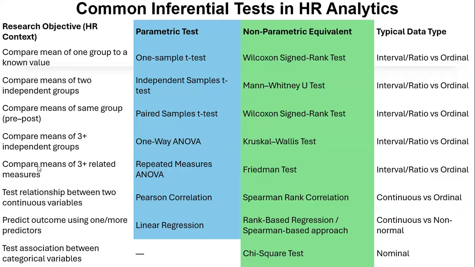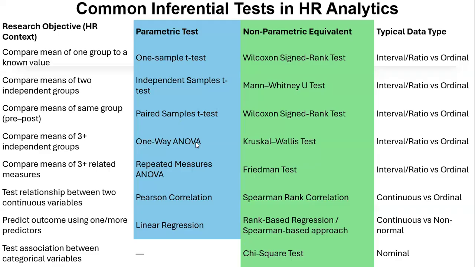Anytime you are dealing with more than 2 independent groups, then you cannot be using an independent t-test to run the analysis, but rather there is the need for you to use what we call one-way analysis of variance. So the analysis of variance is what we've abbreviated as ANOVA.